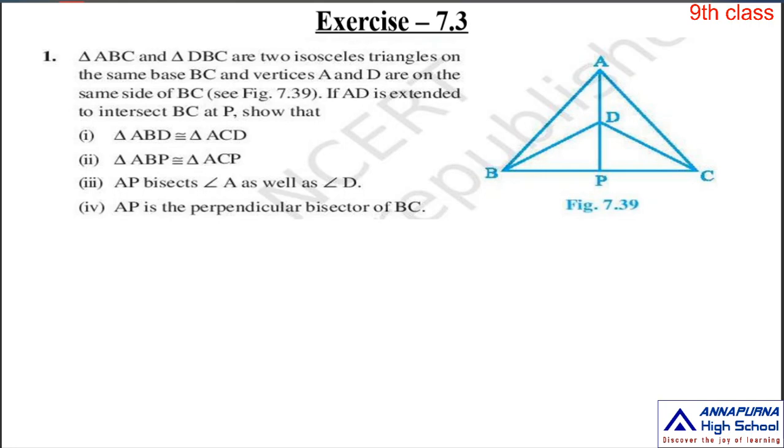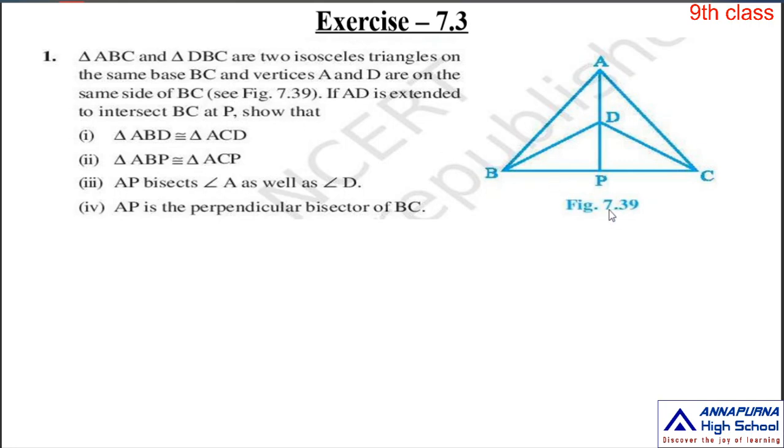Triangle ABC and triangle DBC are two isosceles triangles on the same base BC, with vertices A and D on the same side of BC.